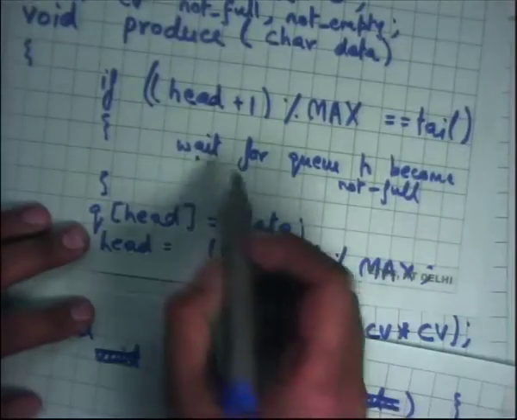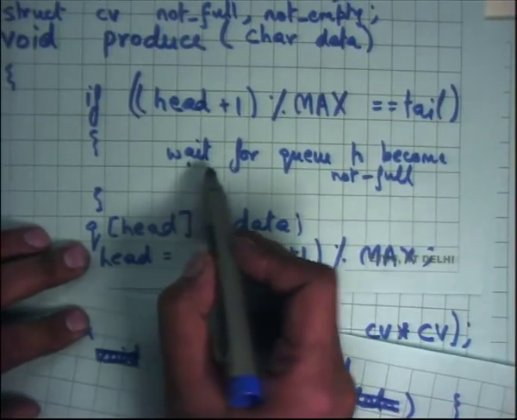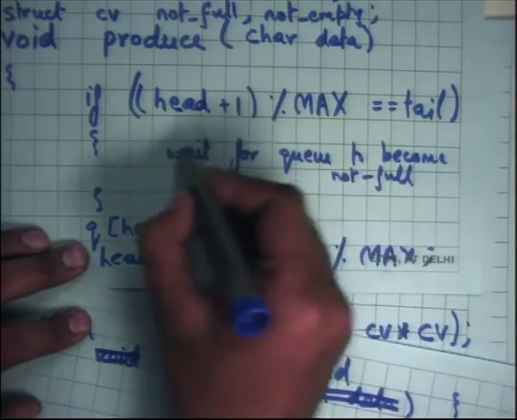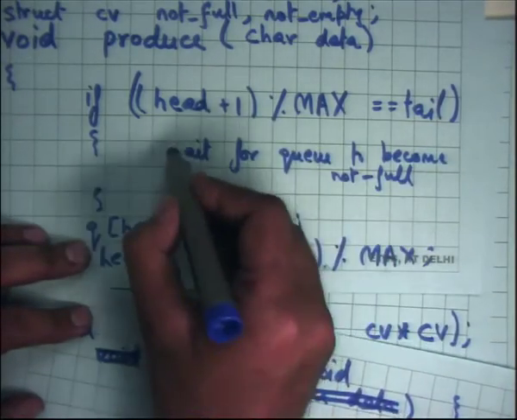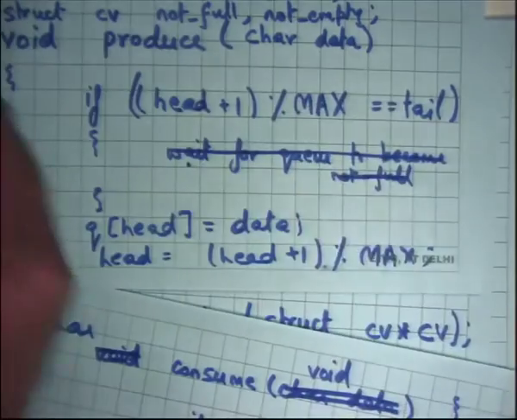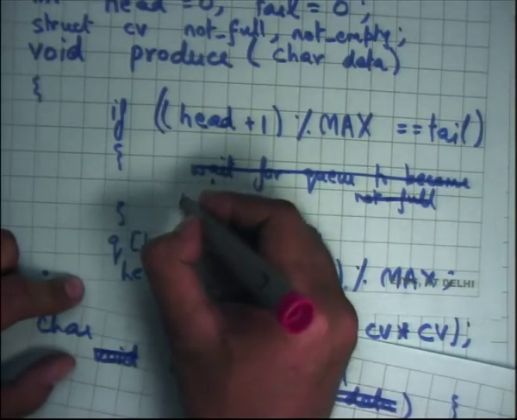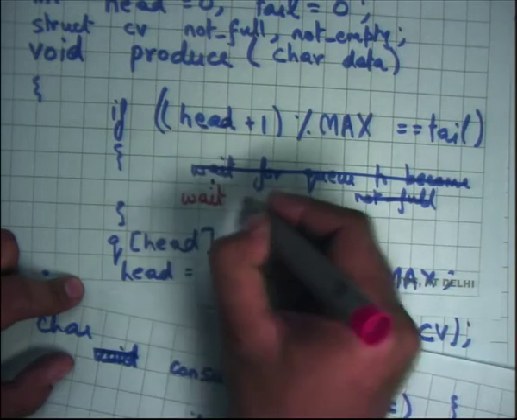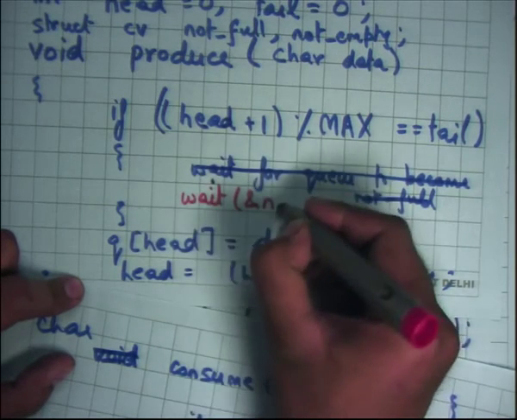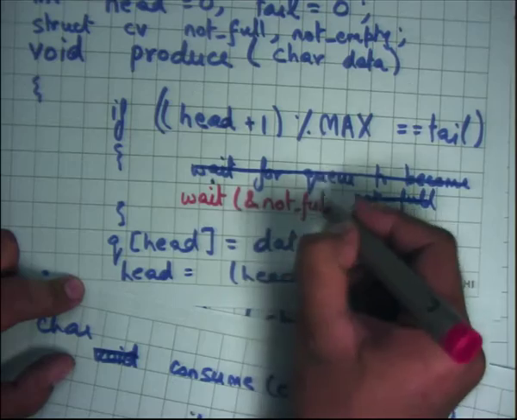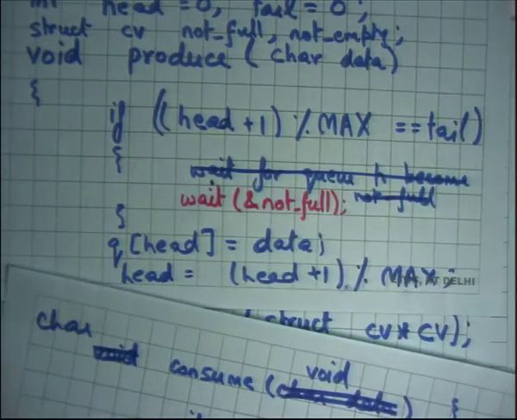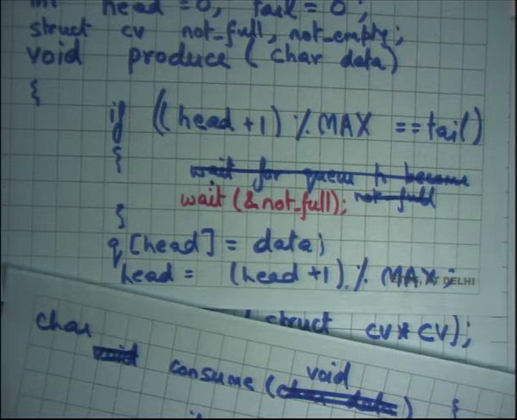And this English sentence, wait for Q to become not full, I can now replace with something that means a similar thing. Let's say wait on not full, on this condition variable called not full, right. So I have defined a condition variable. I basically say I'm going to wait on this condition variable called not full, right.